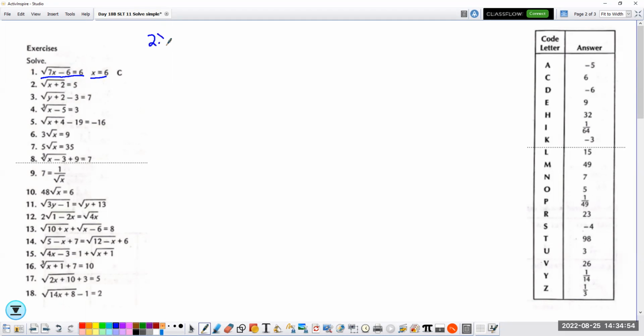So for number 2, I have the square root of x plus 2 equals 5. What's the most outer operation? Like if I were to map this, I would map it x plus 2, square root of x plus 2, right? So like first I add 2, then I square root. So if I'm going to use inverse operations, the first thing I'm going to do to both sides to get rid of the square root is to square.